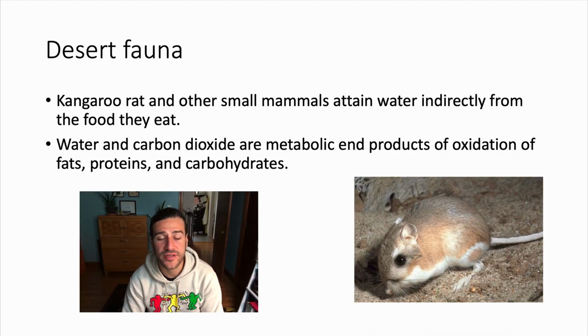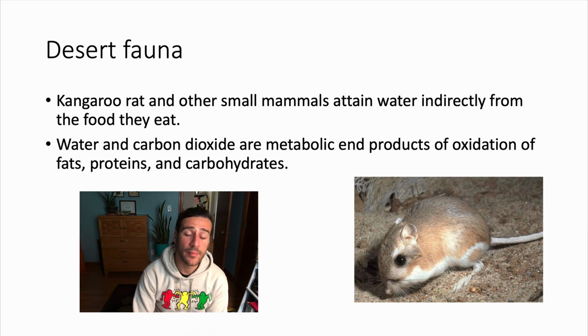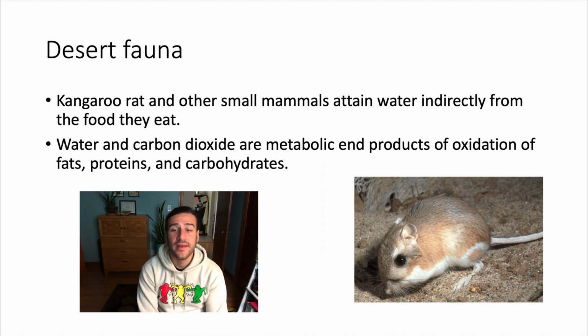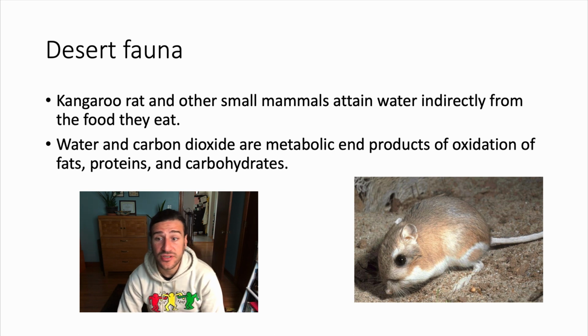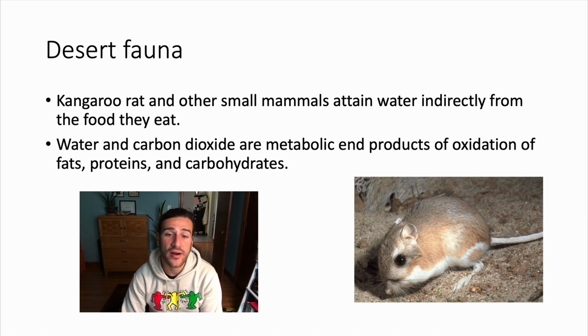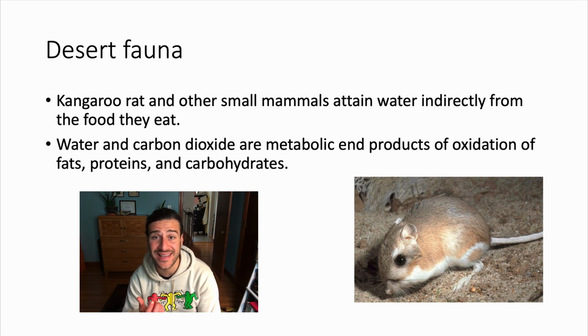Now on to other desert animals. The kangaroo rat and other small mammals actually do not have to drink water, which sounds absolutely crazy. But they have evolved this really unique adaptation. They attain water indirectly from the food that they eat. So water and carbon dioxide are metabolic end products of the oxidation of fats, proteins, and carbohydrates from the seeds they eat.